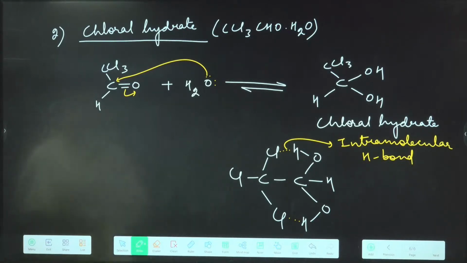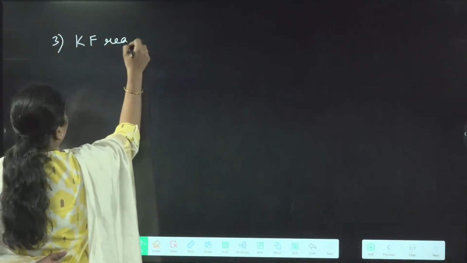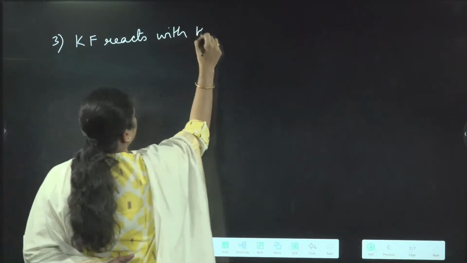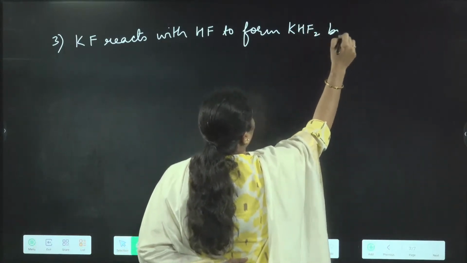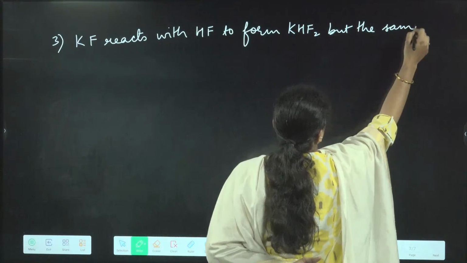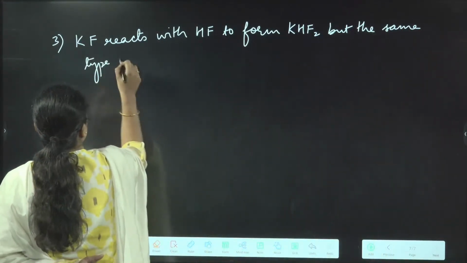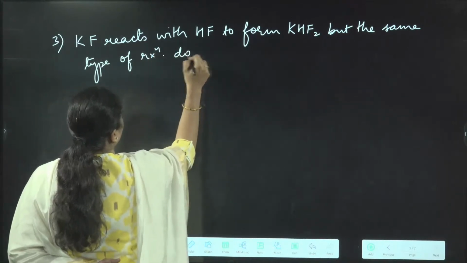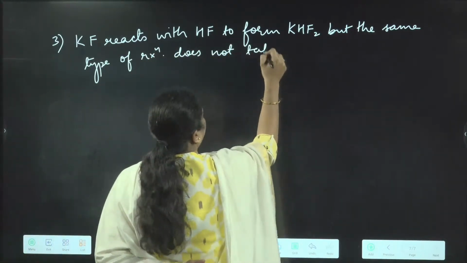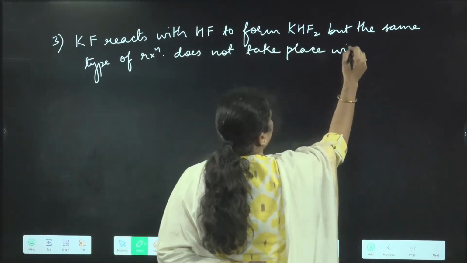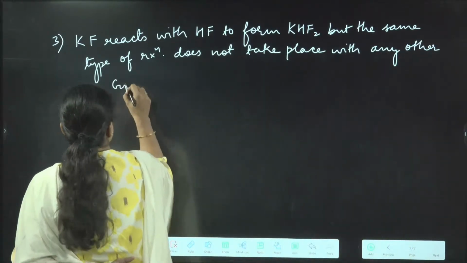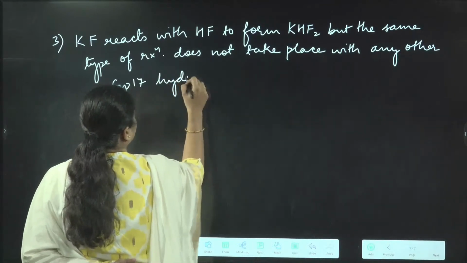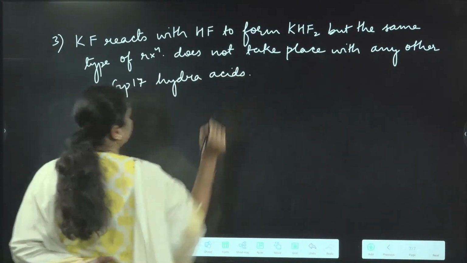Yes, are we done writing? Then the third one is that KF reacts with HF to form KHF2, but the same type of reaction does not take place with any other group 17 hydroacids, right?